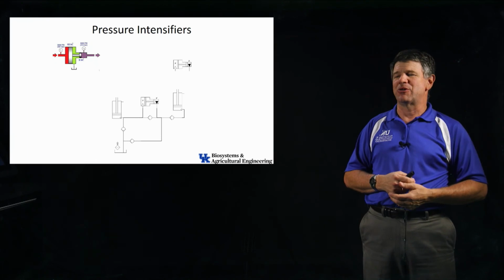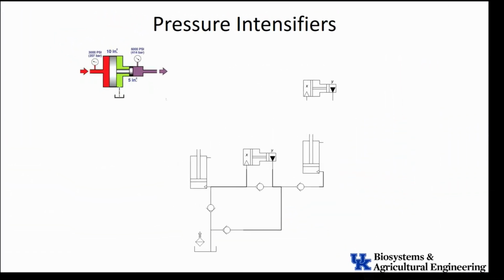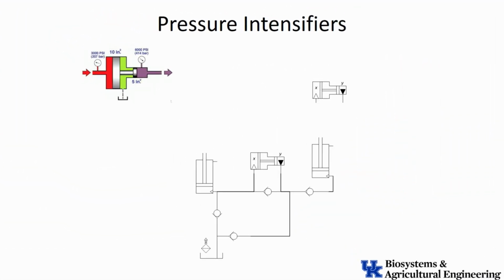This is called a pressure intensifier. So I may have a situation in a circuit where I need a real high pressure, and I can sacrifice flow rate. So I have a lot of flow rate available. And so basically, like you see in the upper left, is a concept where I have two cylinders that are connected together, a large diameter cylinder and a small diameter cylinder. So what I do is put in a lower pressure, and they're showing in this example 3,000 psi coming in here.